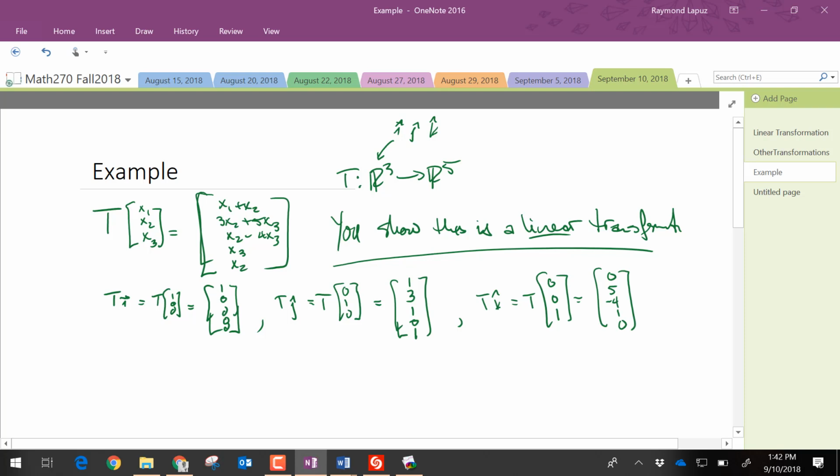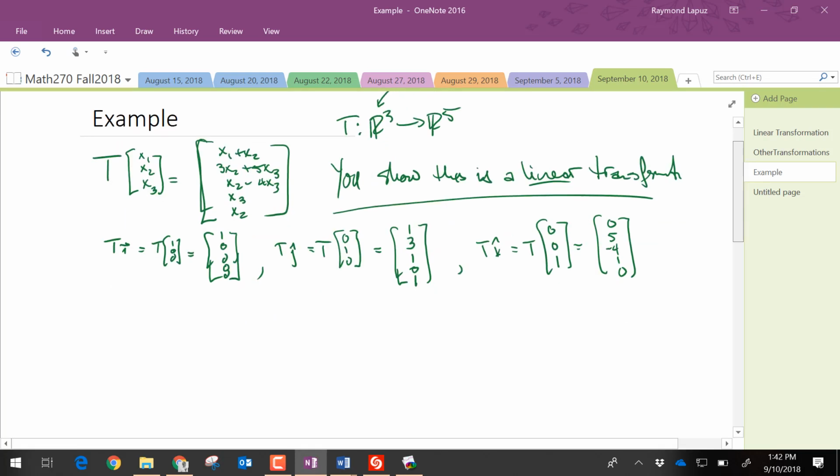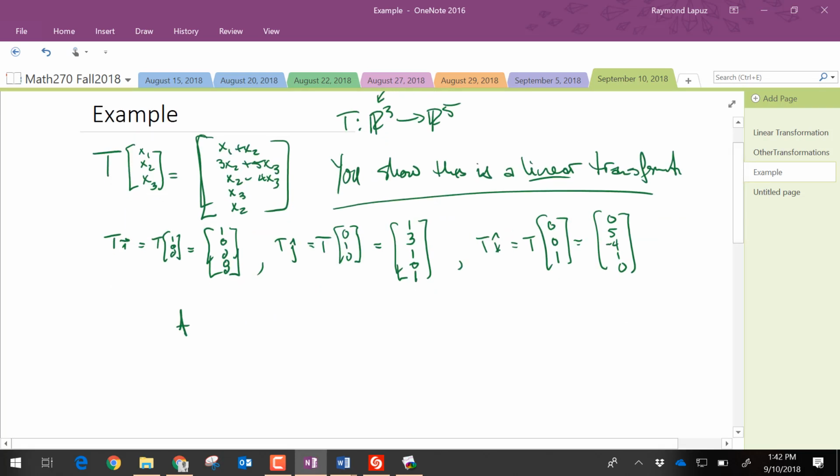So if I just take these as column vectors for my matrix, then I will have my matrix representation for the linear transformation. So that would be 1, 2, 4, 1, 3, 1, 0, 1, and 0, 5, minus 4, 1, 0.